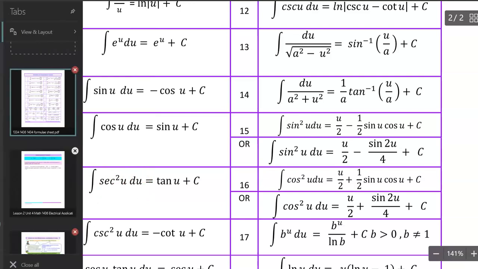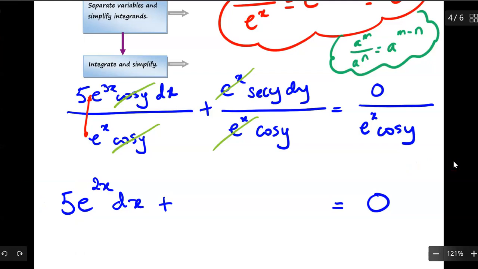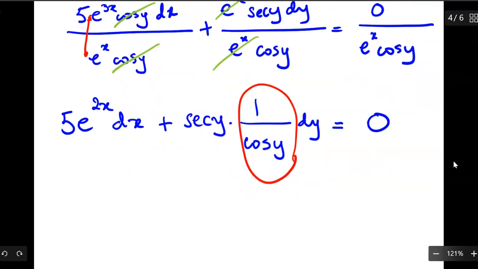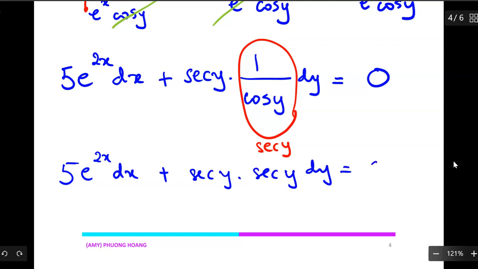So what I'm going to ask you to do is convert your secant y here, and we are going to write this as 1 over cos of y dy. Okay, we write it like this so that you know that this becomes a secant y. So we have secant y times secant of y dy equal to 0.